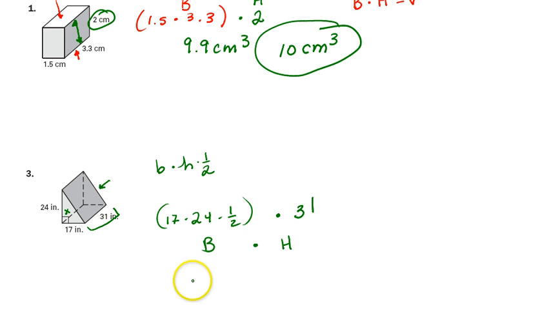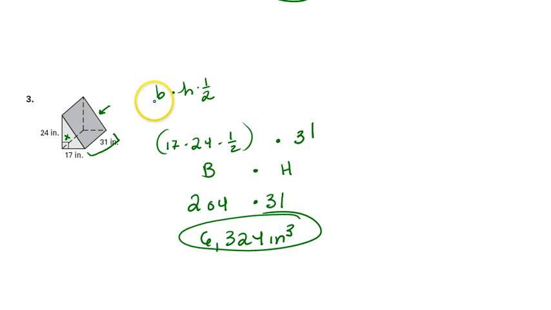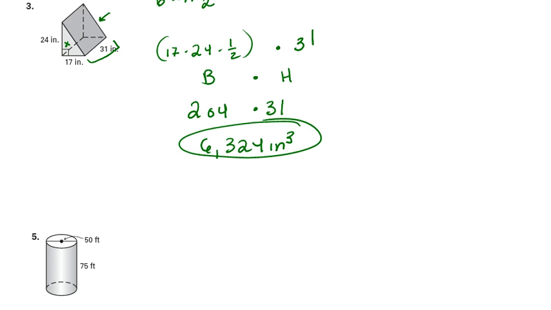If I multiply this out, 17 times 24 times a half gives me 204, times my height of 31, which will give me 6,324 cubic inches will fill this prism, or be the volume of this particular prism. So the only thing that really changes from prism to prism is how you find the area of your base, if it's triangular or rectangular.